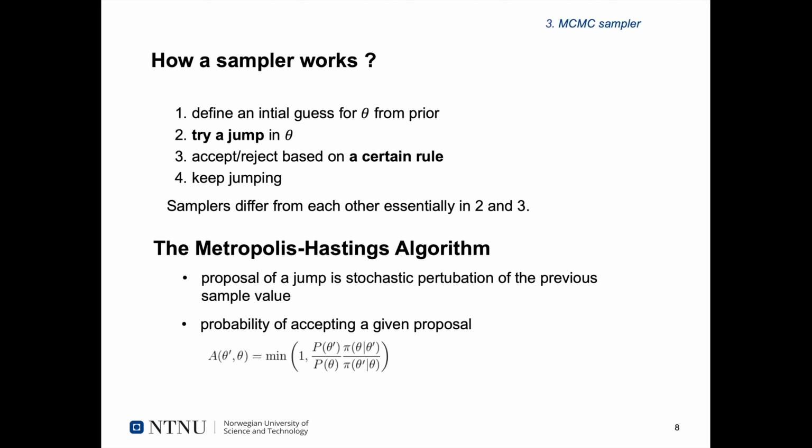Look at the numerator of the second part in the round brackets. The capital P is the target probability density, and the pi is the probability of state transition. By comparing the value of A with a uniform random number, we accept theta prime only if A is larger than the generated random value.